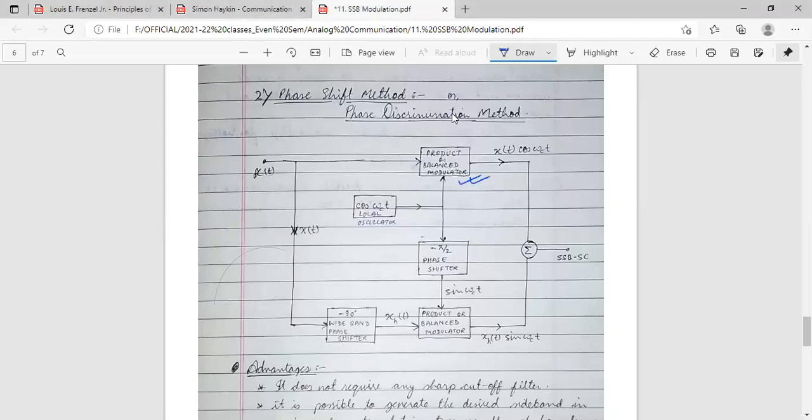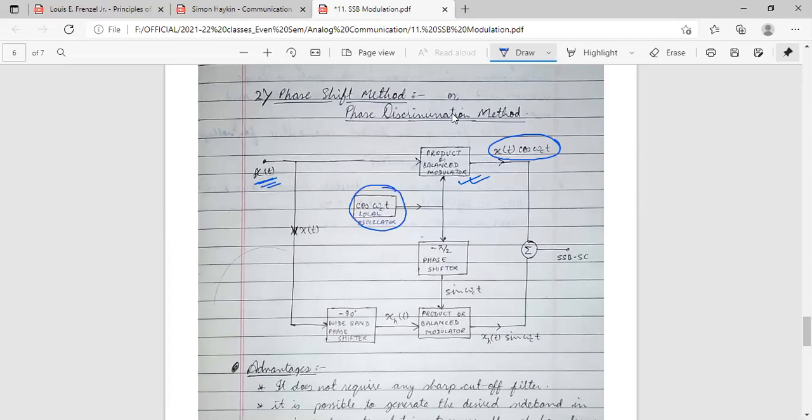What this product modulator is doing is giving us this part, x(t) cos omega_c t. This x(t) cos omega_c t is nothing but the double sideband suppressed carrier signal. Here we are giving a modulating signal x(t), and from this part itself we are generating the carrier signal.